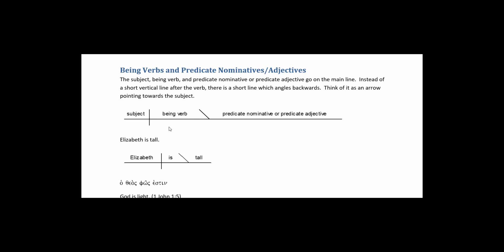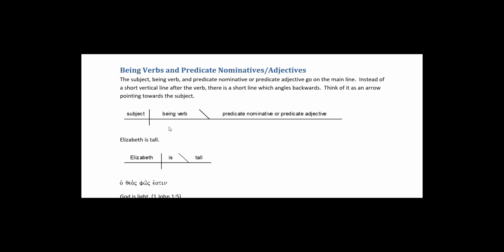So I'll recommend that you put the article with the word that it modifies. And also, if you had a negative word, so let's just say this says God did not love the world. If it said uk agapesin, we would put uk with the verb agapesin. Aren't you glad to know that God does in fact love the world? So that was a subject, verb, object.